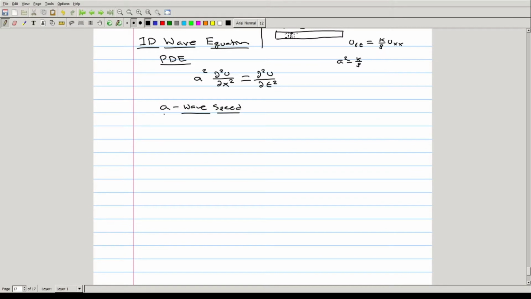So just like before, we have a number of different boundary conditions that we can impose on the endpoints of the bar. And to make things a little bit different than the heat equation derivation that we just went over, I'll impose some different boundary conditions here.